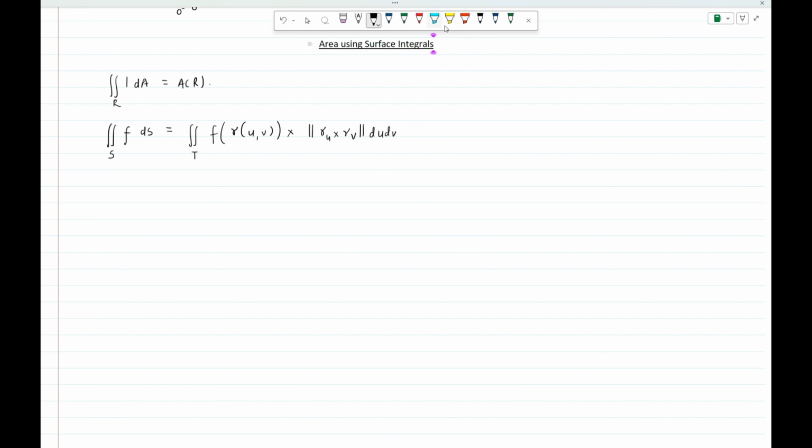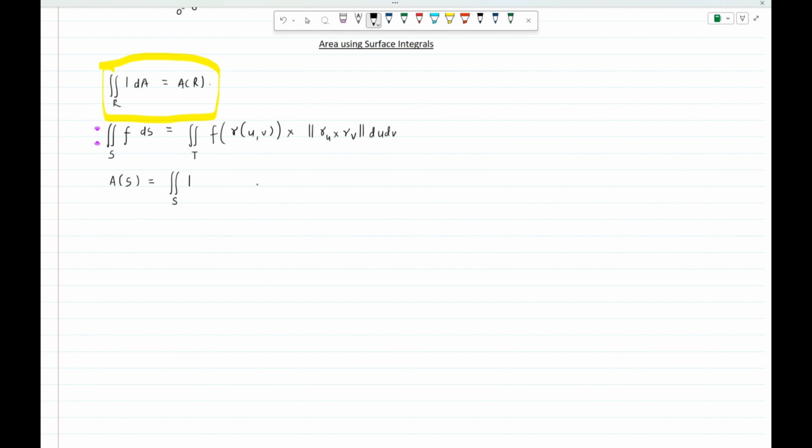Now moving forward, we are going to utilize this formula to develop a formula for area using surface integrals. The area of a surface S in R3 can be given as the surface integral of the scalar field.